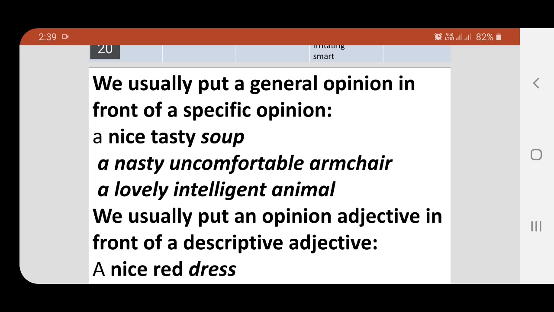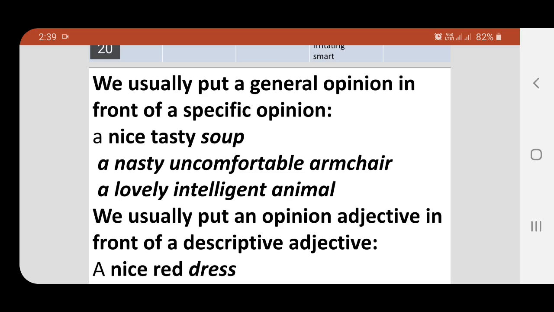Comfortable, uncomfortable, spacious. These are some of the words associated with the adjectives used to describe furniture. So, you put a general opinion in front of a specific opinion. A nasty, uncomfortable armchair. A dirty, uncomfortable armchair.